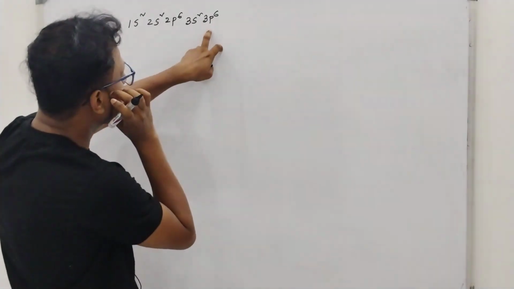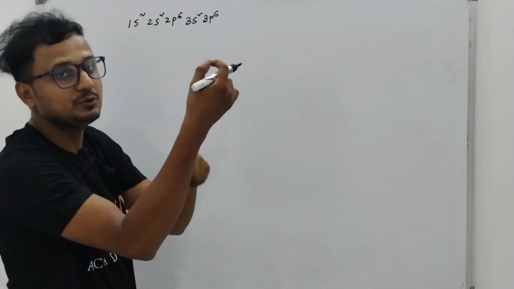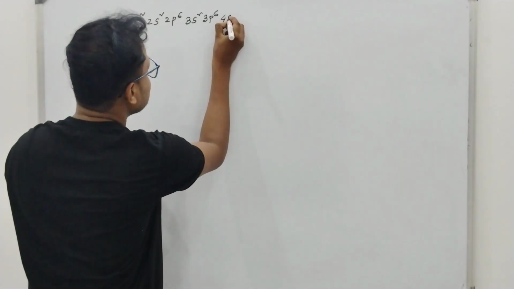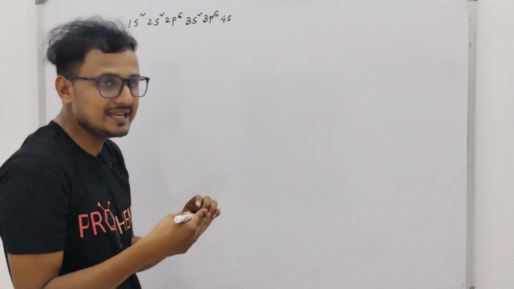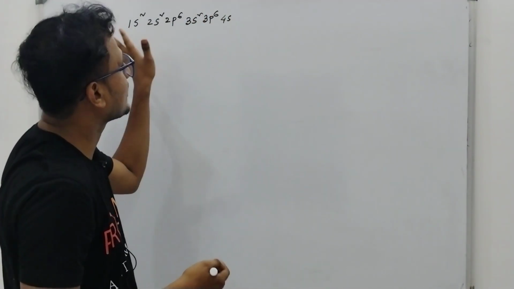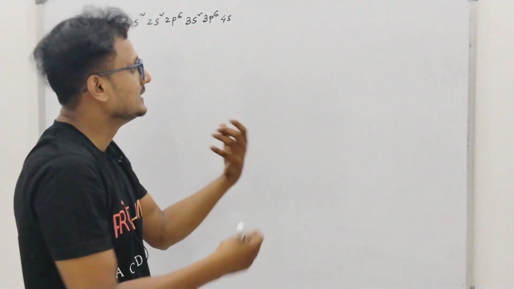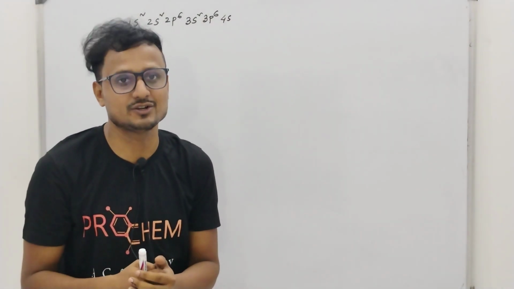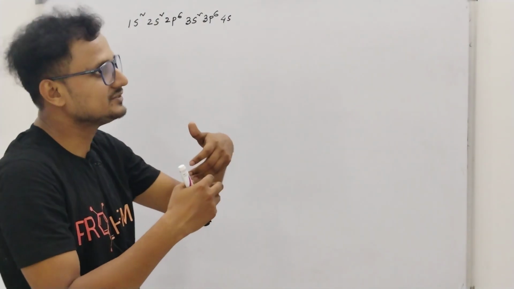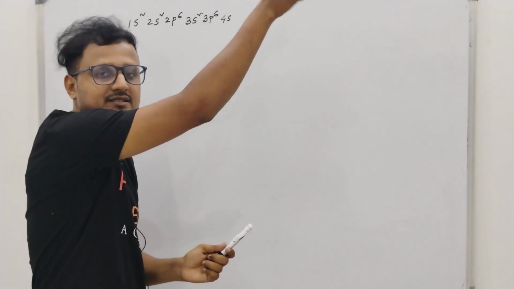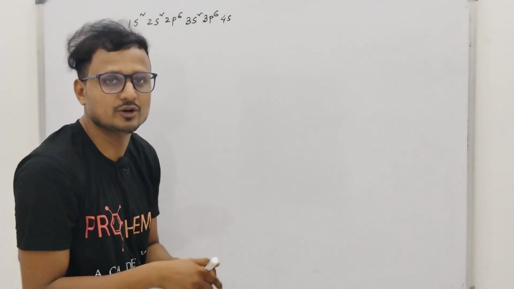After filling up till 3p, we have to fill up the electrons in the 4s orbital first, then the 3d orbital. Why? Because this is the series of the orbitals according to their energy. The lower energy orbital will be filled up first, then the electrons will go to the higher energy orbital. We'll discuss in another video why the 4s orbital is filled up first, then the electrons go to the 3d orbital.